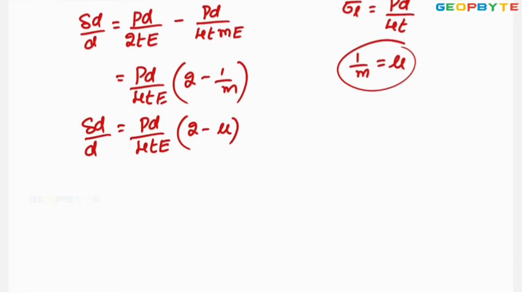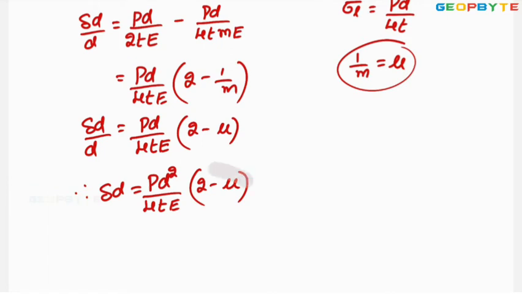But he is asking the change in diameter. Therefore, change in diameter delta d equal to PD square by 4TE into 2 minus mu. That is the formula for finding the change in diameter for a thin cylindrical shell: PD square by 4TE into 2 minus mu.